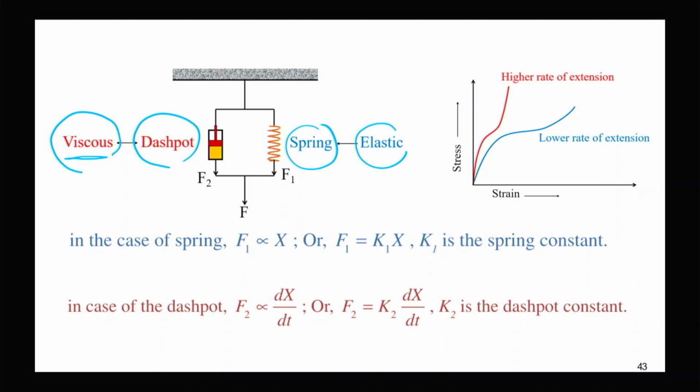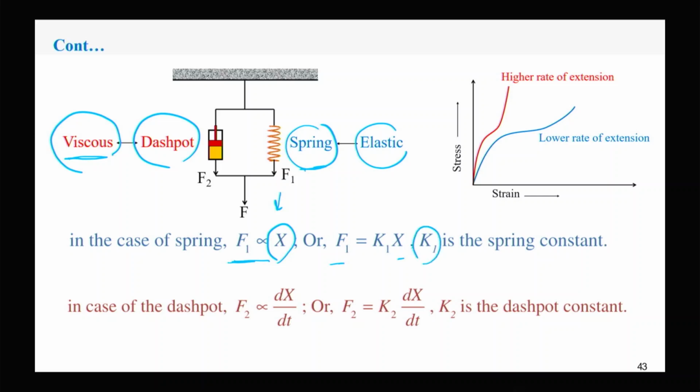Now for a spring, the load applied is proportional to the extension. If we extend the material, the force, which means the resistance by the material, is proportional to extension. Here F1 equals K1 multiplied by extension, where K1 is the spring constant.